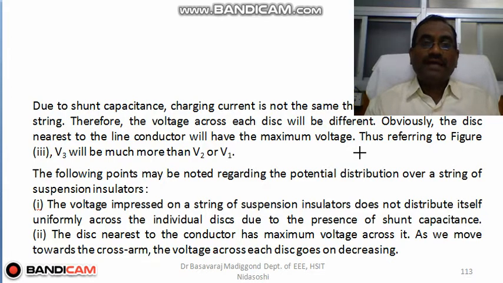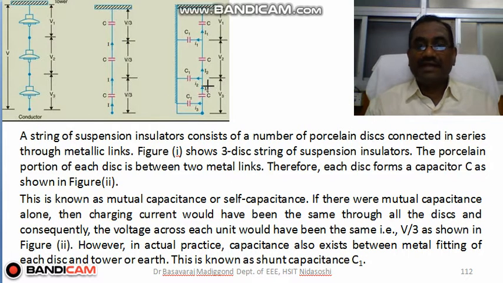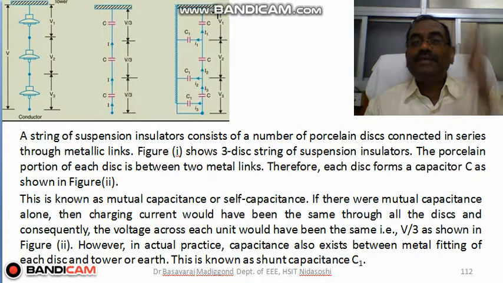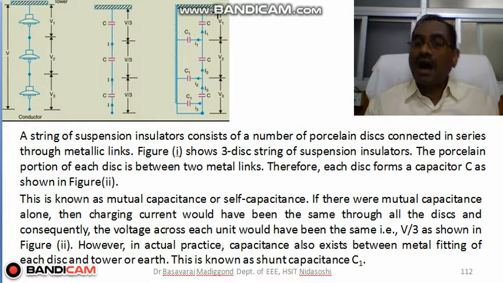So, referring to figure 3, V3 is more than V2, more than V1. That means this voltage goes on decreasing as we reach the cross arm.